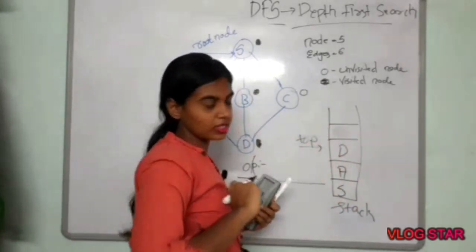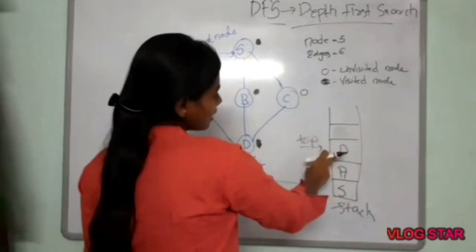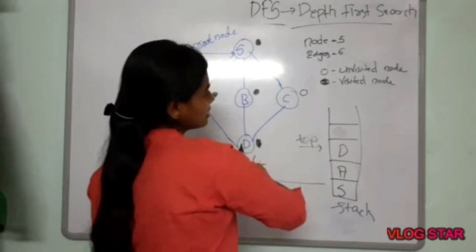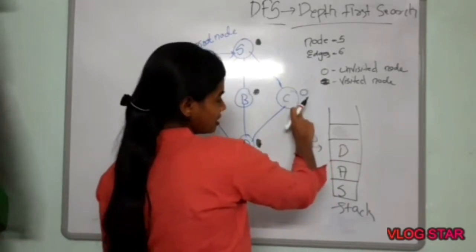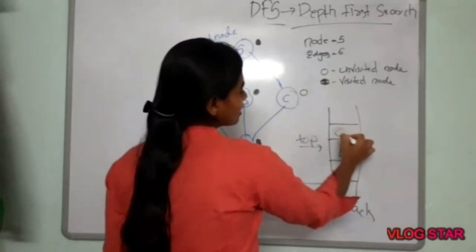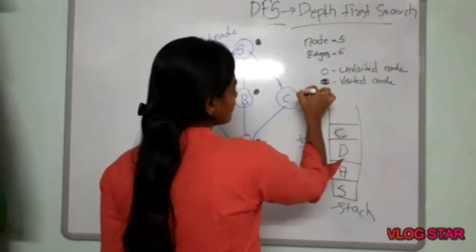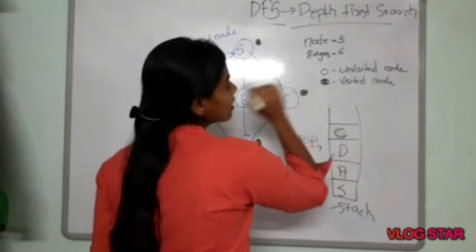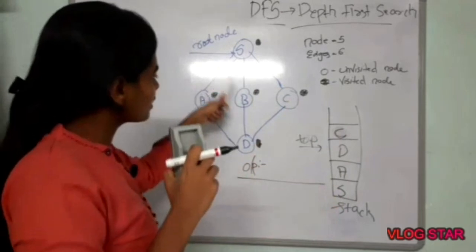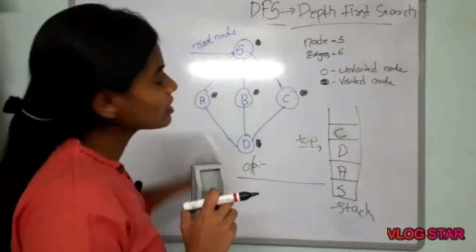After that, D is the top element. We got the D element. Our D is connected to C, which is the unvisited node. Now we will put C on the stack, and we will make C a visited node. Now you can see in our graph, every node is a visited node.